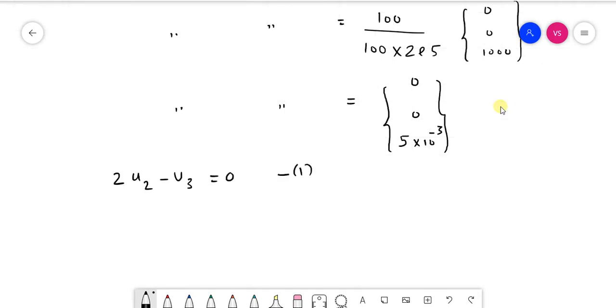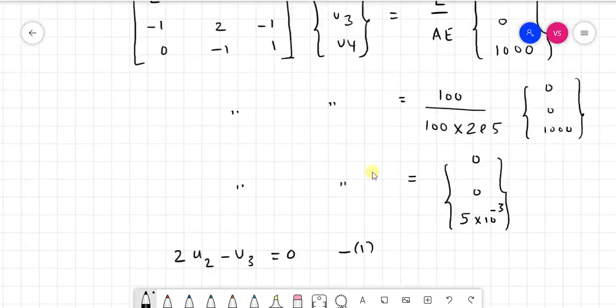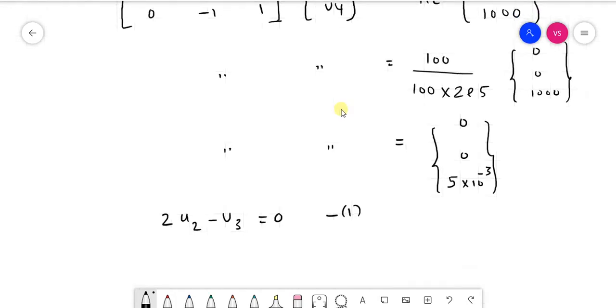And second equation will be minus u2 plus 2u3 minus u4 will be 0. This is equation number 2.